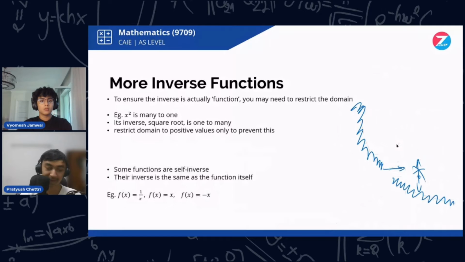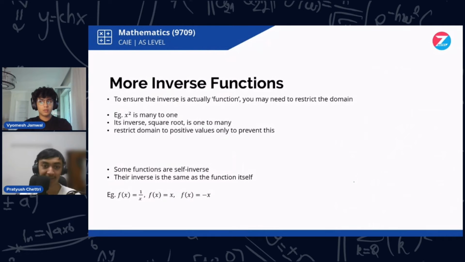Last thing, some functions are self-inverse. That means the inverse is the same as the function itself. Here's a few examples. If you have f of x is 1 over x, let's try to find the inverse of that, shall we? If y equals 1 over x, swap x and y, x equals 1 over y, and solve for y. What you're going to find is you're going to multiply by y and then divide by x.